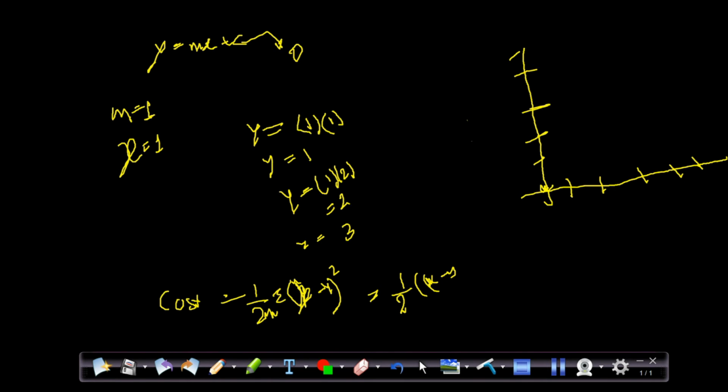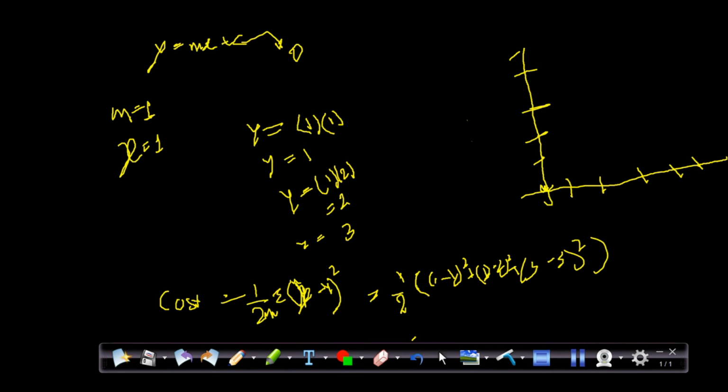So this will become 1 upon 2 into (1 minus 1) whole square plus (2 minus 2) whole square plus (3 minus 3) whole square, and this will become 0. So our cost function is 0.